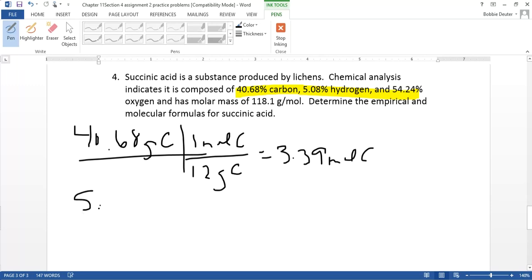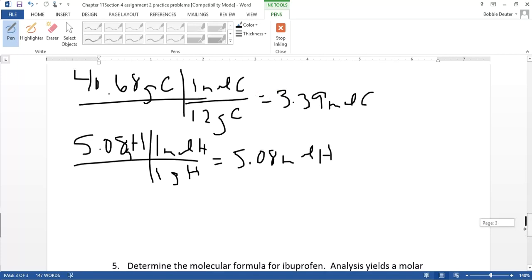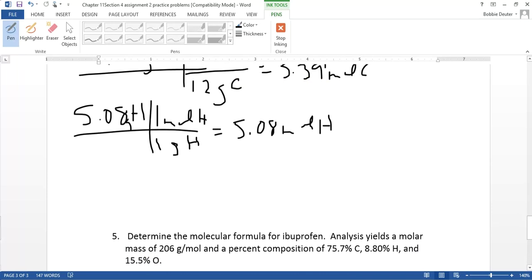We have 5.08 grams of hydrogen, 1 gram of H. We get 5.08 moles hydrogen. And then we do our 54.24 grams of oxygen.